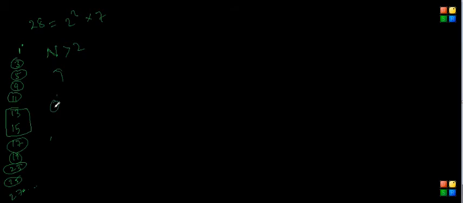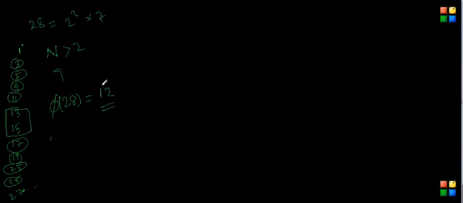Let me denote Euler's number of 28 by phi of 28. Phi of 28 will give me the number of coprimes less than 28, and as we calculated, there are 12 such coprimes. So phi of 28 is 12.